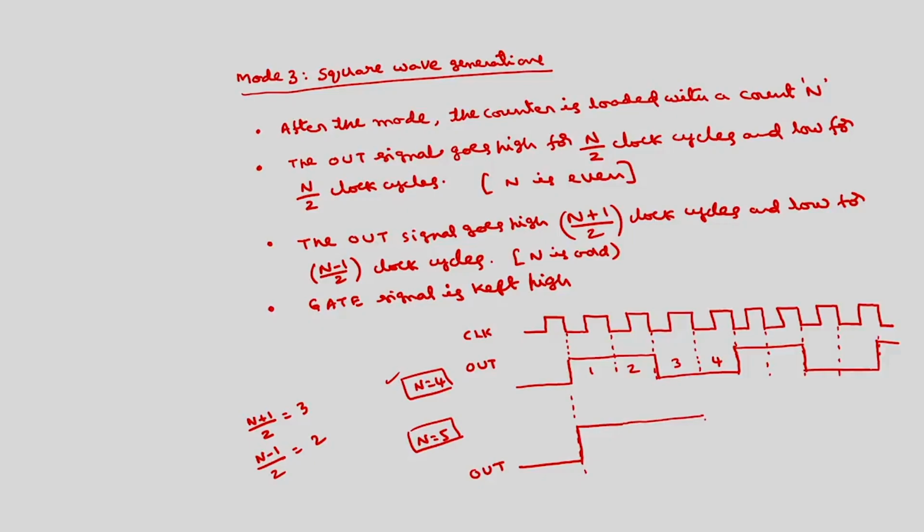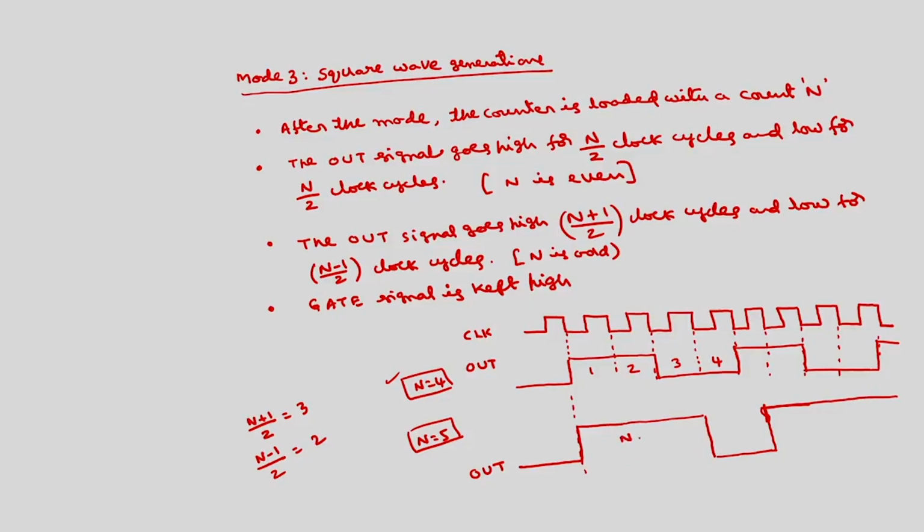One, 2, 3 high, then low for 2 clock cycles. Then again high for 3 clock cycles, and so on.